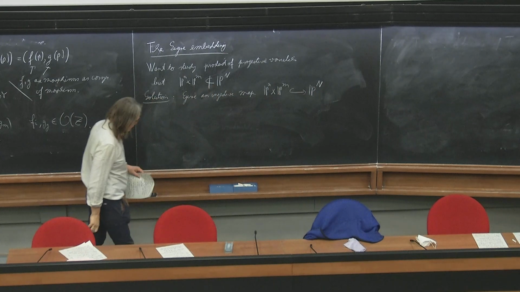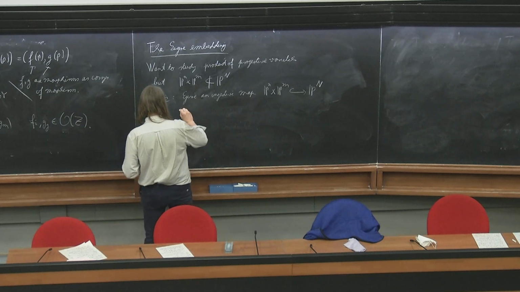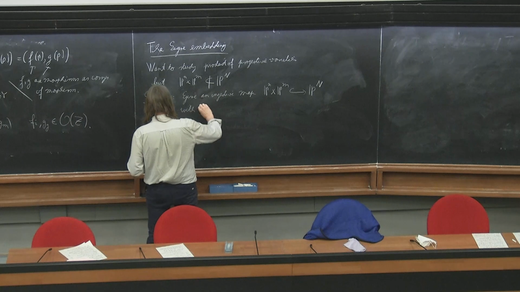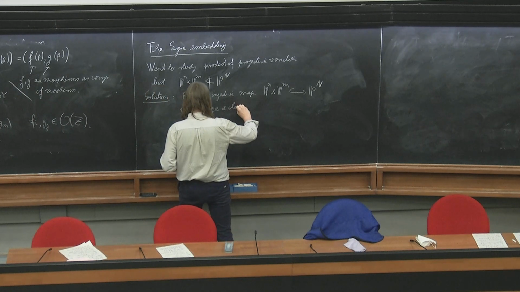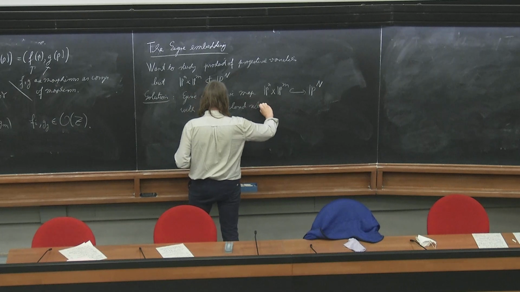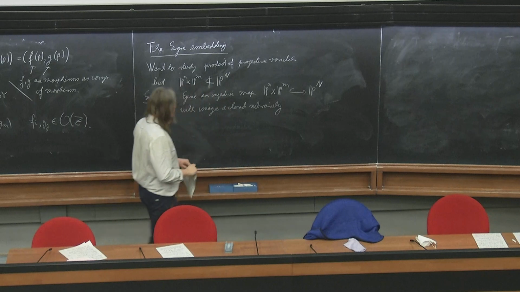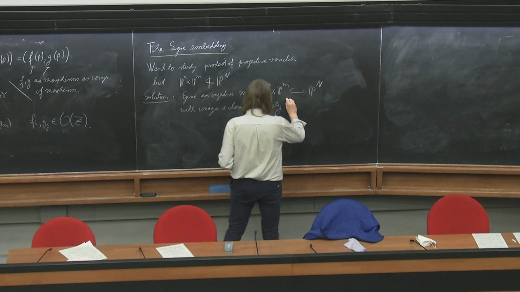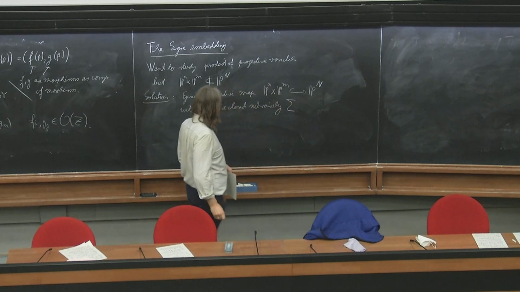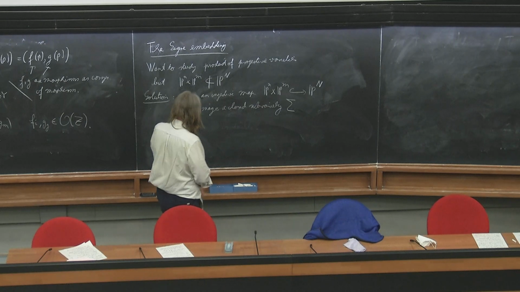We will see later what this N is, with image a closed subvariety. And then we will identify Pn times Pm with this image, which thus becomes a projective variety.